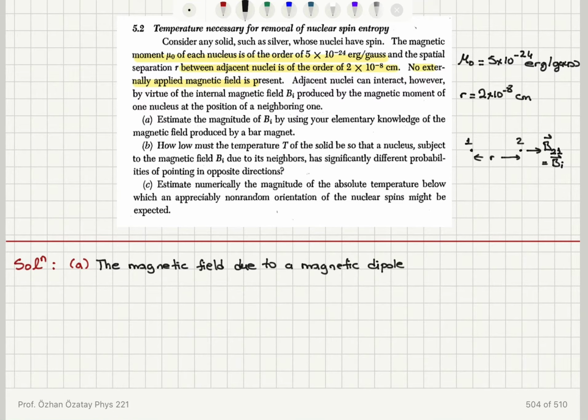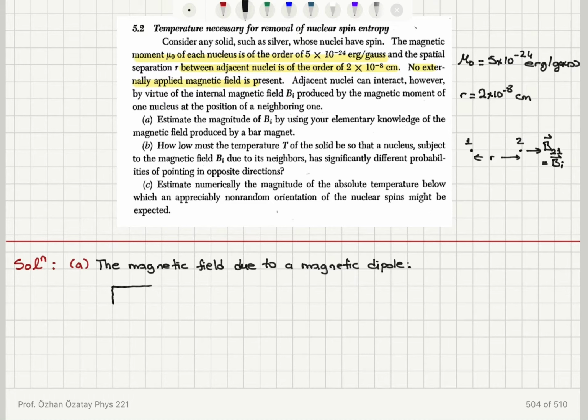Now, the dimensions of the nucleus is of the order of femtometers, and the distance between them is of the order of angstroms. So we have orders of magnitude difference. So it appears that the magnetic field due to the nucleus will be due to a point-like magnetic dipole at a very high distance. So if I have a bar magnet, let me exaggerate this.